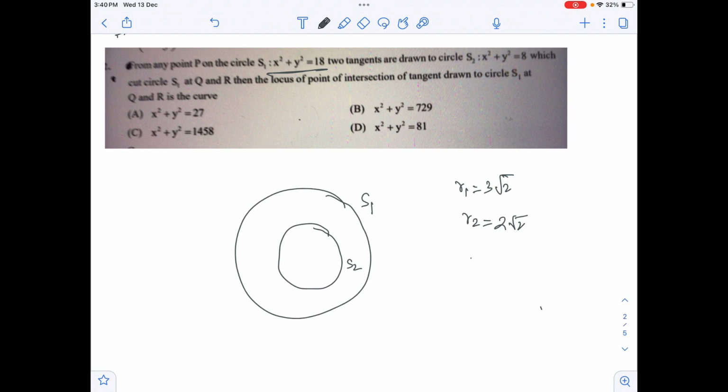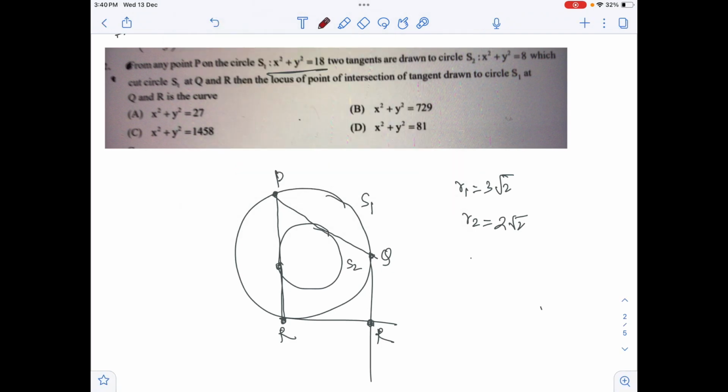Now let's say from any point P on the circle, let's take a general point P, tangents are drawn to S2, and these tangents meet S1 at Q and R. Further, the locus of the point of intersection of tangents drawn at Q and R to the circle S1. So on the bigger circle, we again draw the tangents, and they meet at a point S. We need to find the locus of point S.